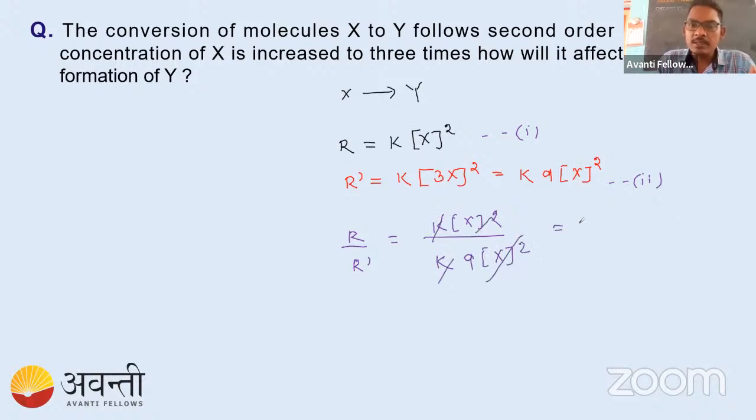If we rearrange this, you get 9r equal to r prime. That means the new rate of the reaction is 9 times the initial rate. Not the rate constant, but the rate of the reaction. Whatever the initial speed, the new speed is 9 times that. So this is the relation between initial and final.